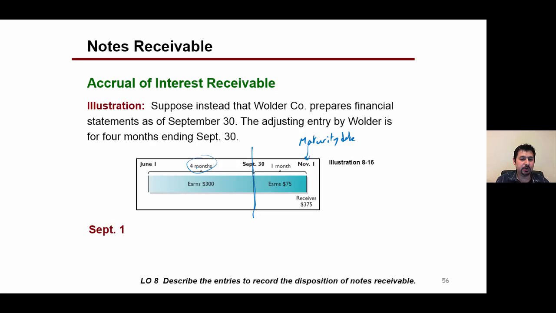But because the maker will not pay at this point, the company will debit interest receivable 300 and will credit interest revenue 300. This is to adjust for the accrued interest and to recognize the interest revenue for the 4 months.